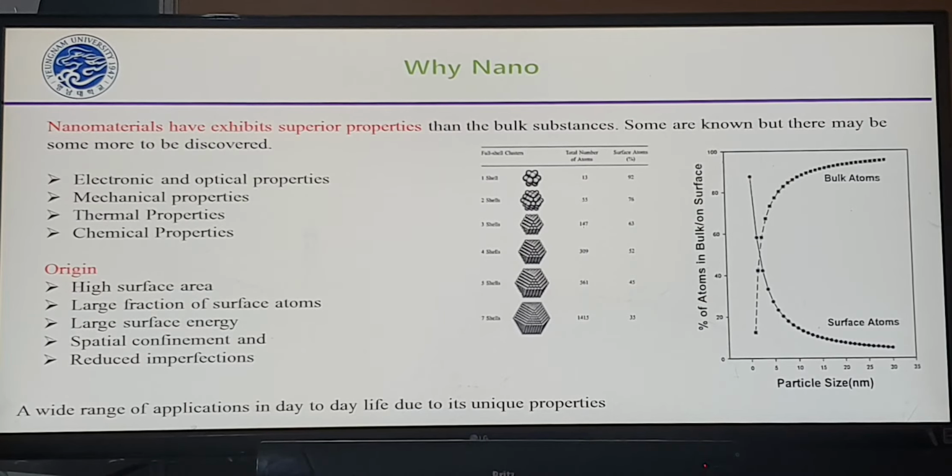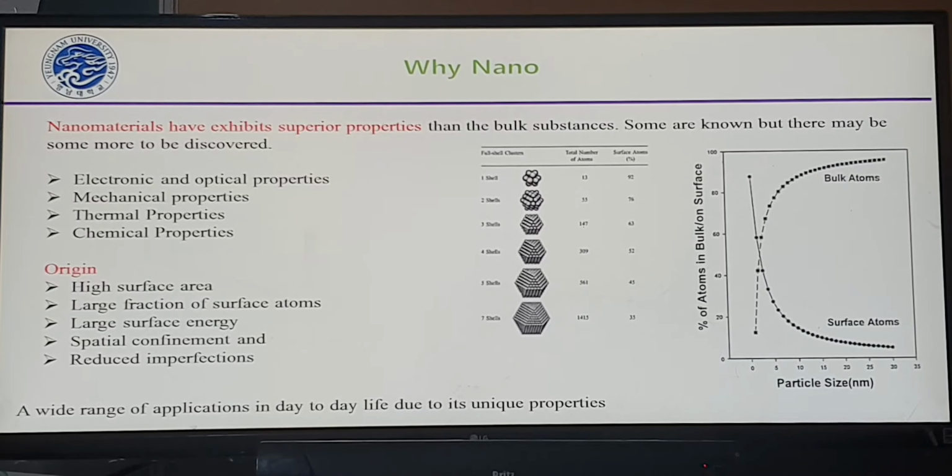So what is the reason behind the changes in its properties? What happens when it comes from bulk stage to nanoscale? That is important. We need to know what is the reason behind nanoscience, why all the properties are changing for the same material.